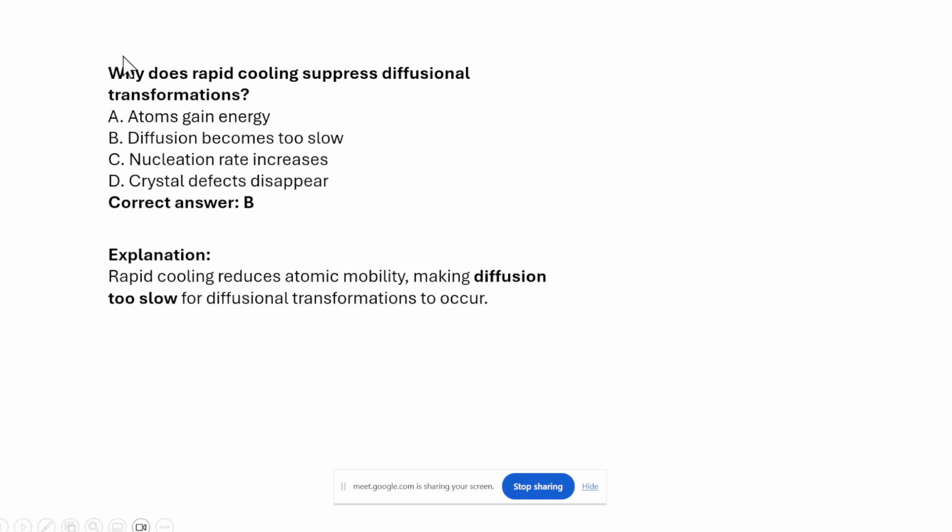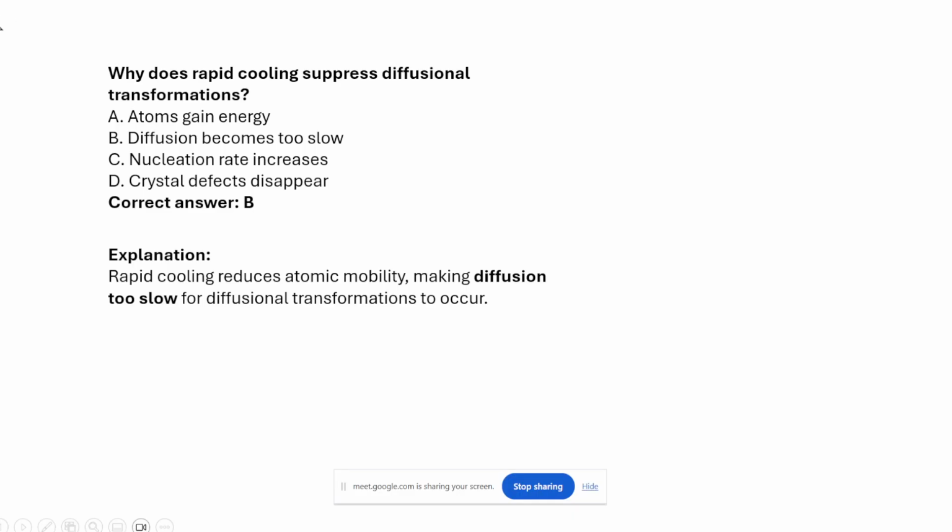Next, why does rapid cooling suppress diffusional transformation? Rapid cooling means there is not enough time for the diffusion of the atoms, right? For diffusion to occur, we require two things: one is high temperature, second is enough time.